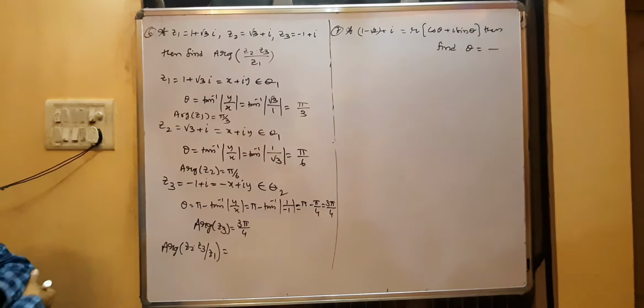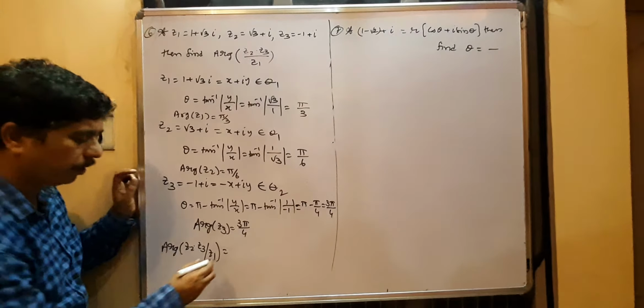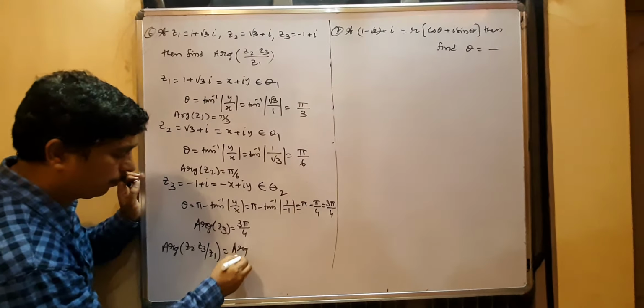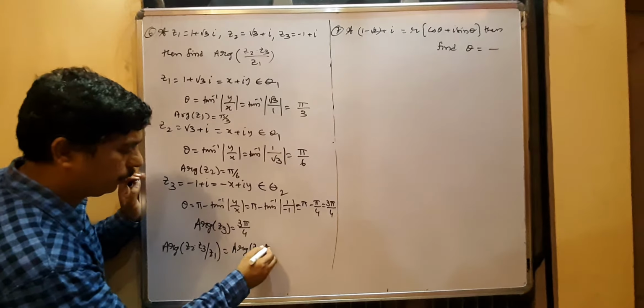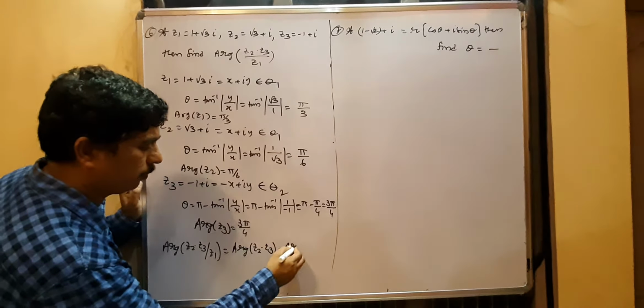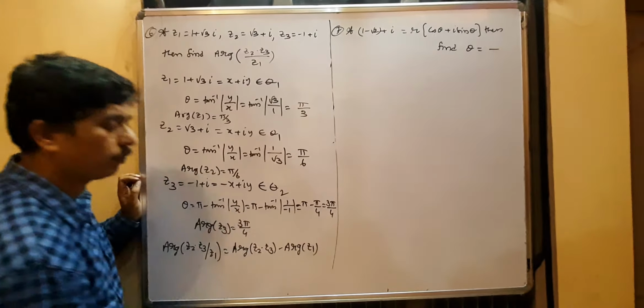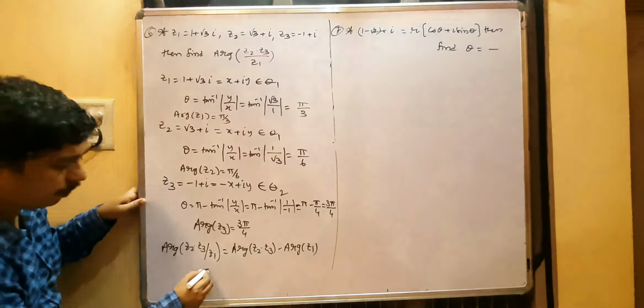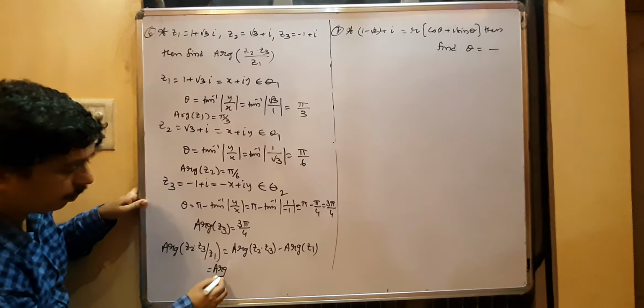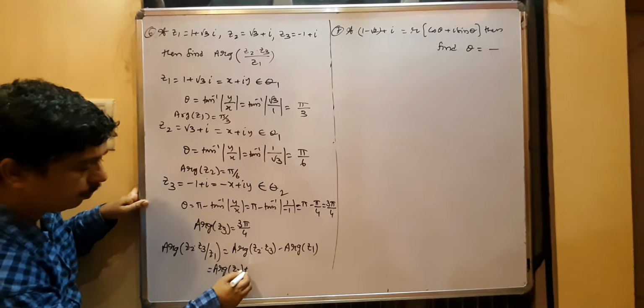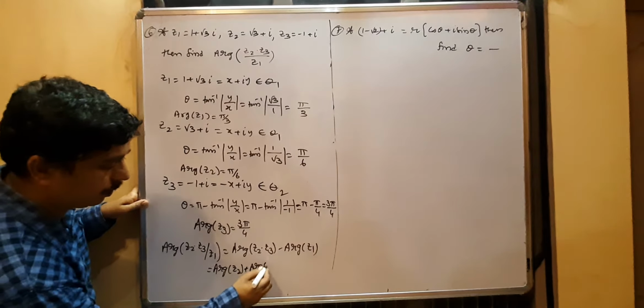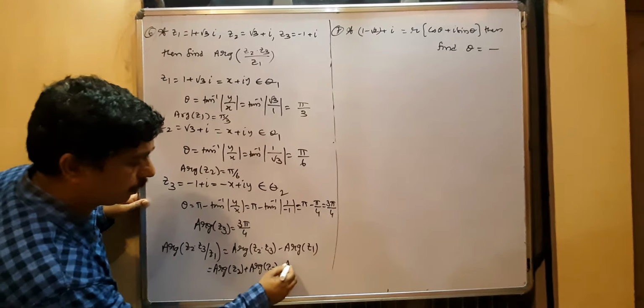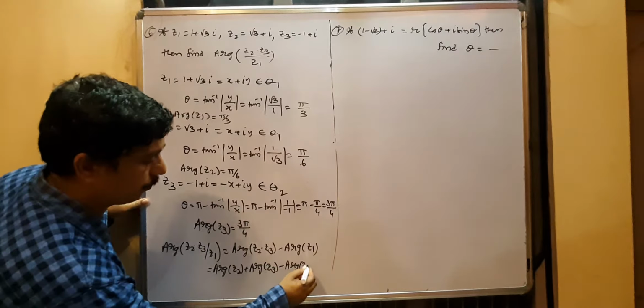Argument of z1 by z2 is argument of z1 minus argument of z2. So argument of z2 into z3 minus argument of z1. Argument of z2 into z3, what is the formula I have? Argument of z2 plus argument of z3 minus argument of z1.